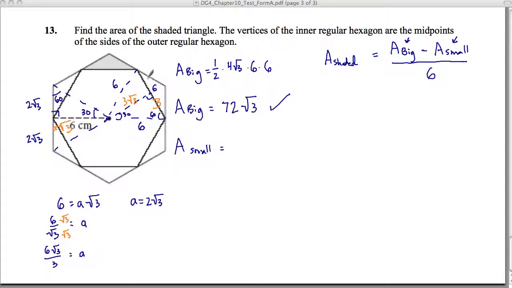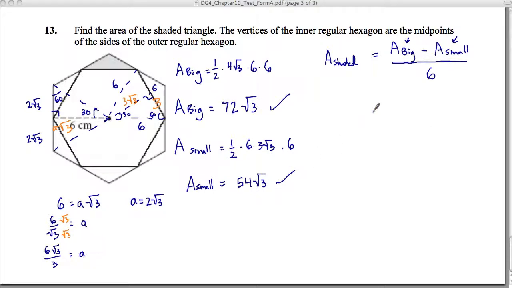So let's get the area of that small hexagon. Well, it's the area of this one triangle, or 1/2 times 6 times 3 square root 3, times the number of triangles, which is 6. And we find that the area of the small hexagon is 54 square root 3. Now we found both pieces of information that we needed to solve this problem. So let's substitute this in.